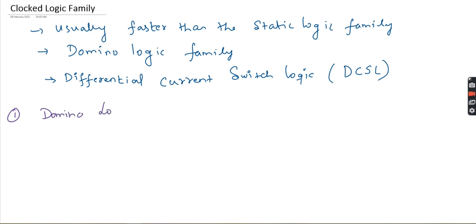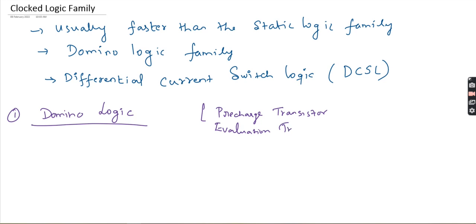Domino logic, in the clocked logic family, works based on two operations: the pre-charge transistor and the evaluation transistor, or the pre-charge phase and the evaluation phase.